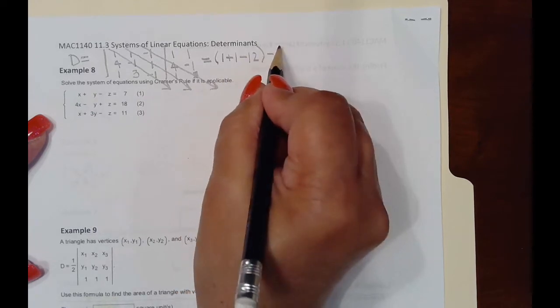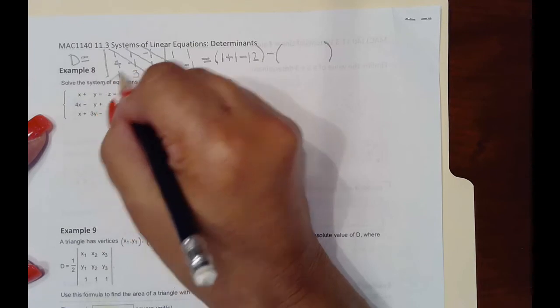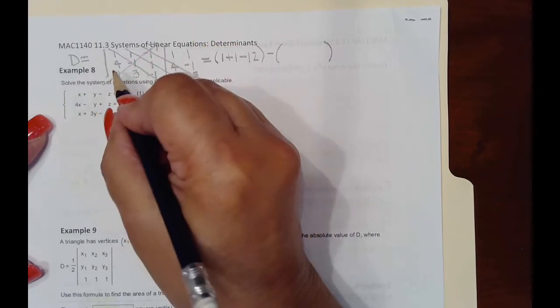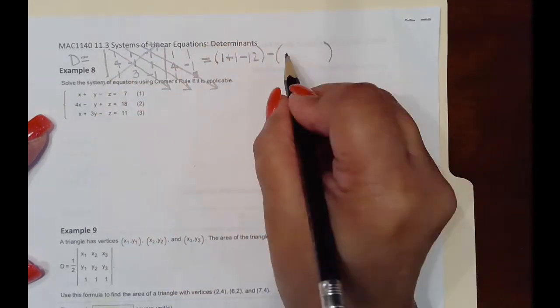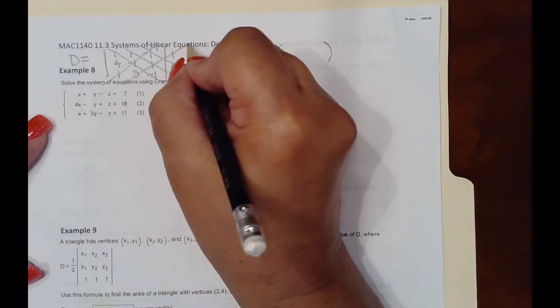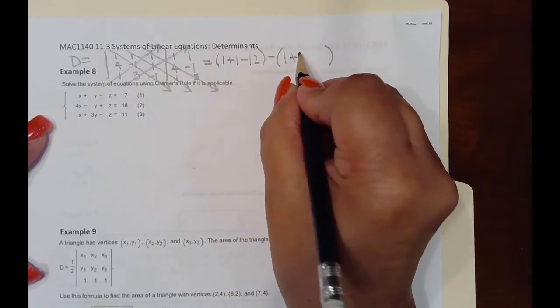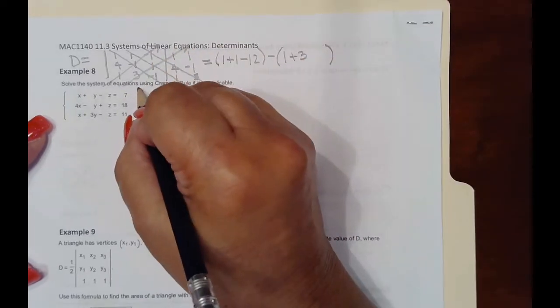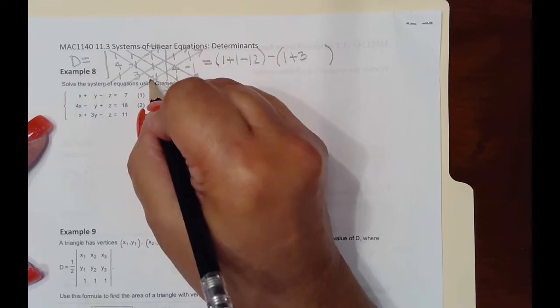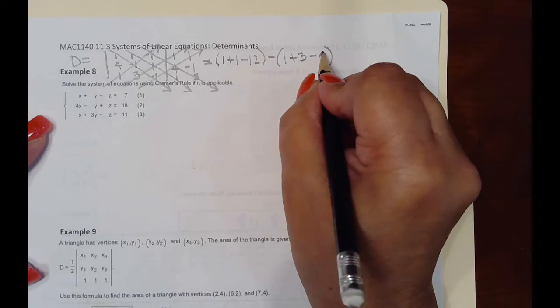Then from that, we're going to subtract the sum of all the upward products. So this would be the first upward product: 1 times negative 1 times negative 1 is 1. Then the next upward product would be 3 times 1 times 1, positive 3. Then the last upward product would be negative 1 times 4 times 1, which is just negative 4.